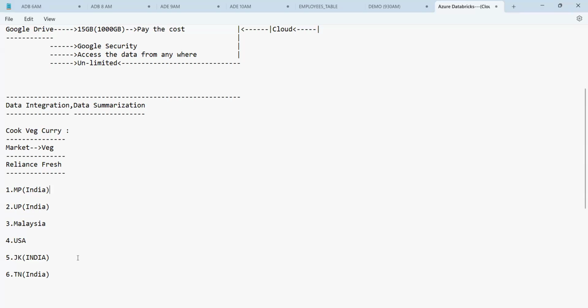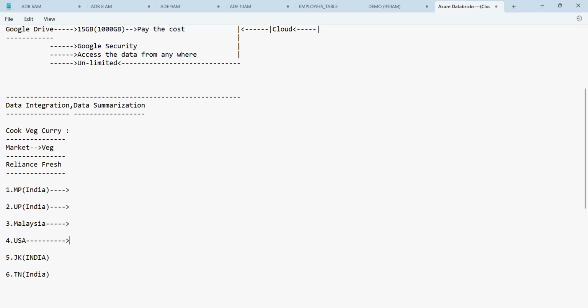Am I right or not? So these vegetables are cultivated at various locations and brought, or we can say imported, here. Let us say it is in Hyderabad.